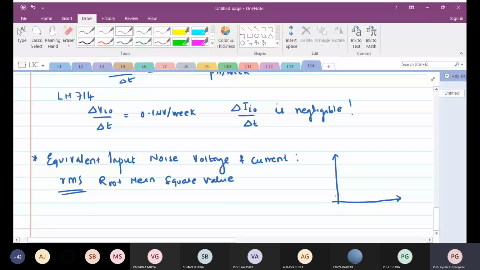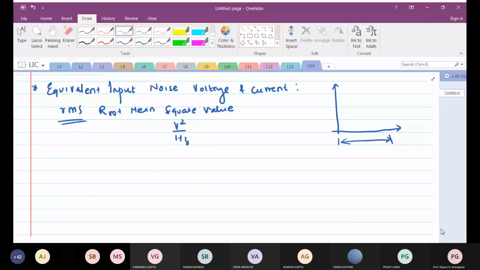So you have a range of frequencies over which that noise is generated, and so the equivalent noise voltage is normally expressed in terms of voltage square per hertz, and similarly for current we have ampere square per hertz. This is just for your information.